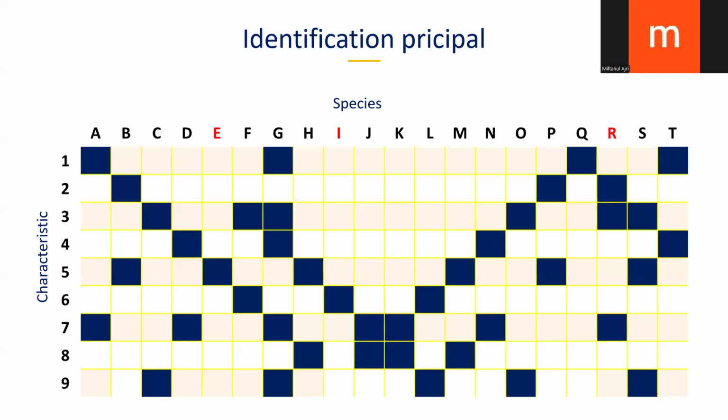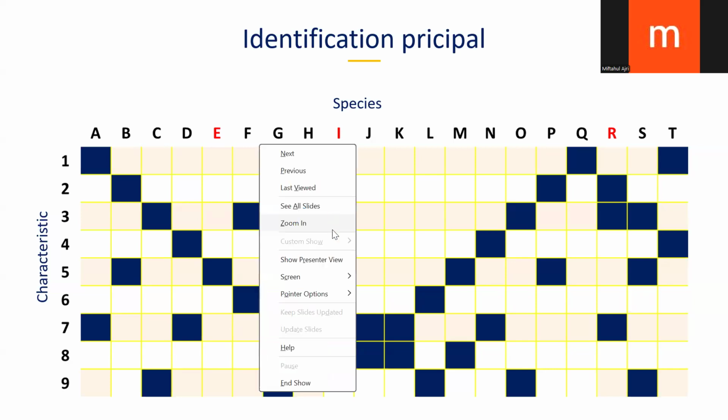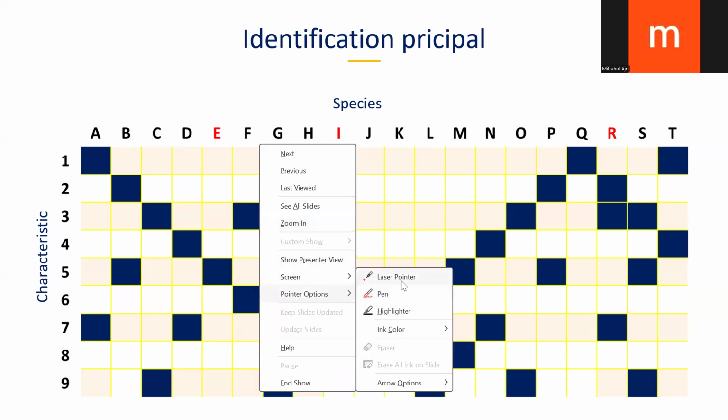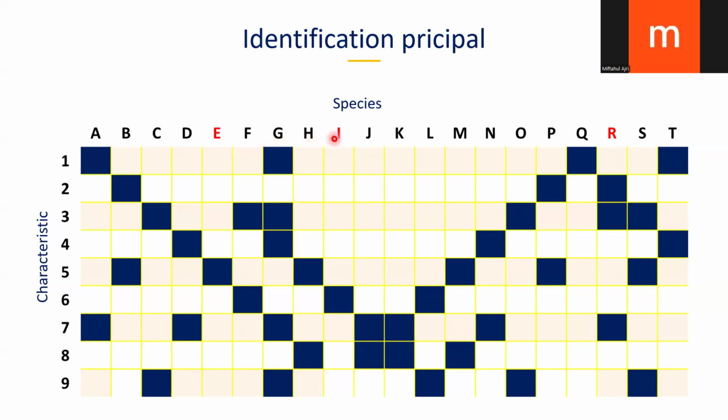Okay, for example, we have some species here from A, B, C, D, E up to T, and then there are a lot of characteristics, from character 1 up to character 9. We can see here the E species and the I species.